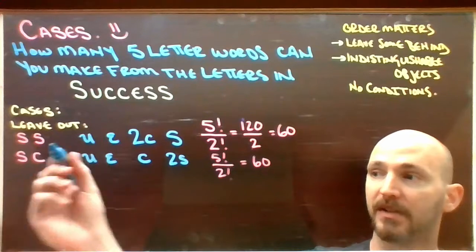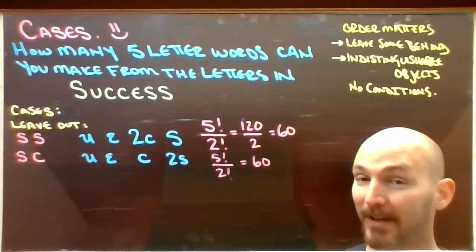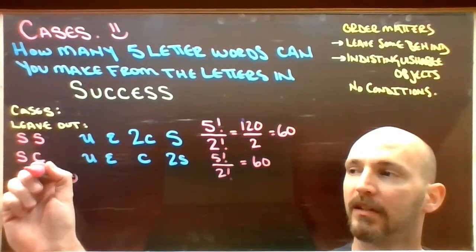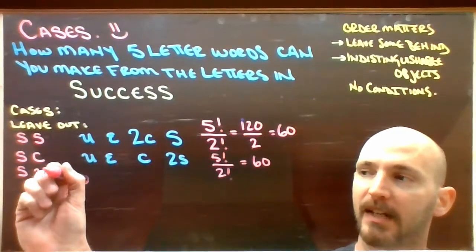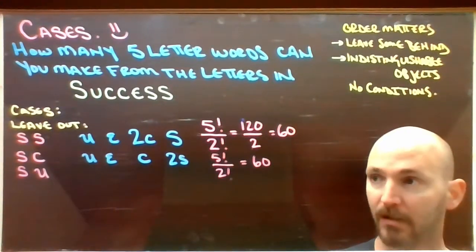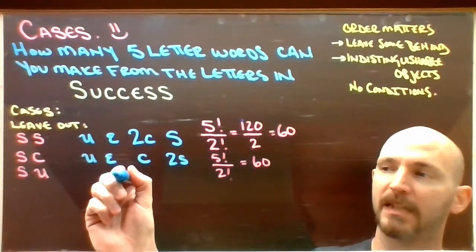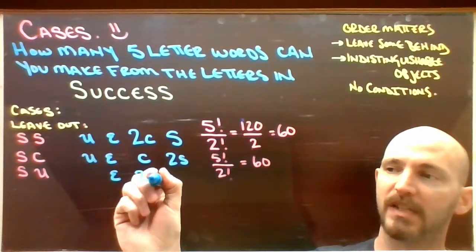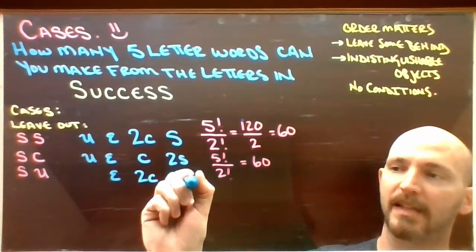Next case I'm going to consider is if I left out an S and a U. Then I'd be shuffling the E, 2 C's, and 2 S's.